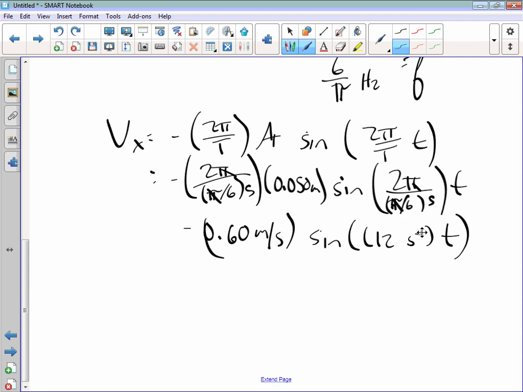So that's our velocity at specific time periods. If we had a specific time period, we could put in a value for t, and we could find out the exact velocity at that time.